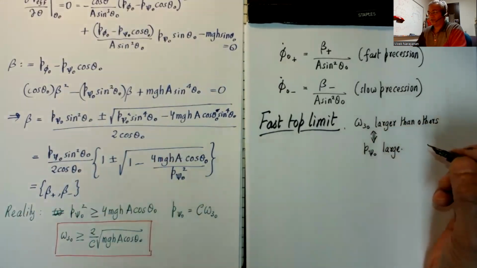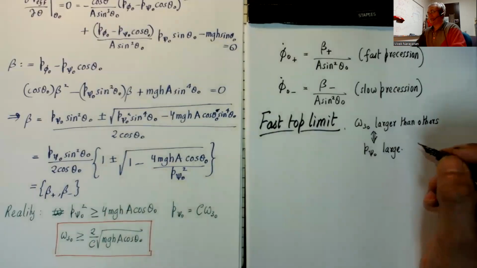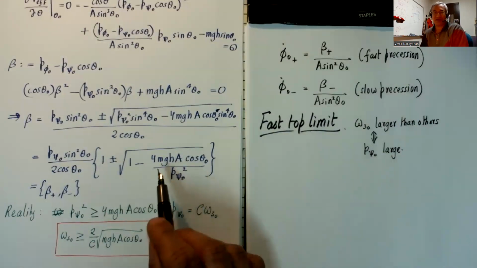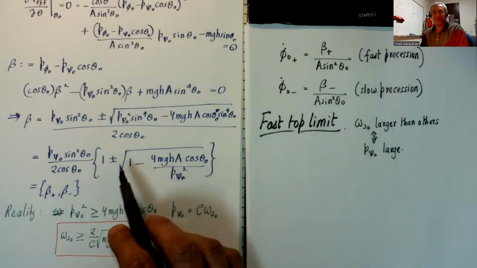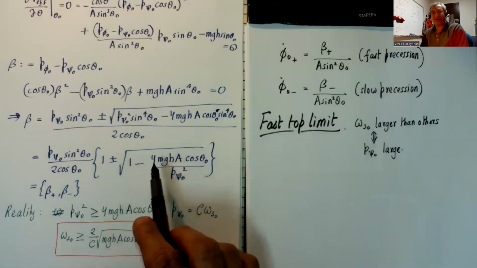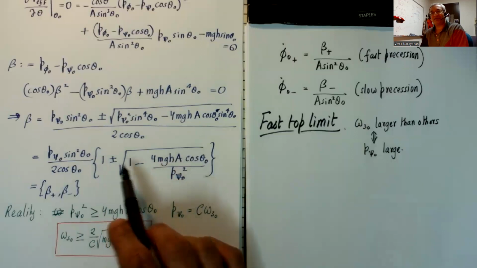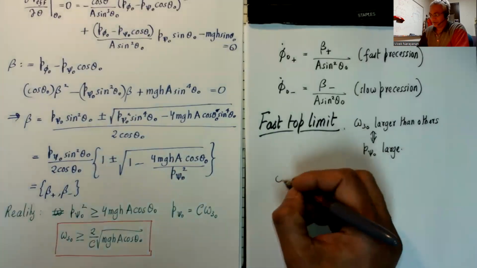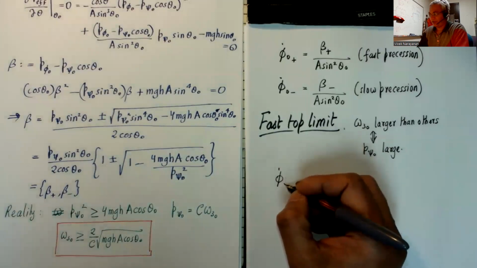Well, I don't get rid of it. I use a binomial theorem approximation and write it, the plus sign will give me something, the minus sign will give me something. So I'll write down the result here of that.